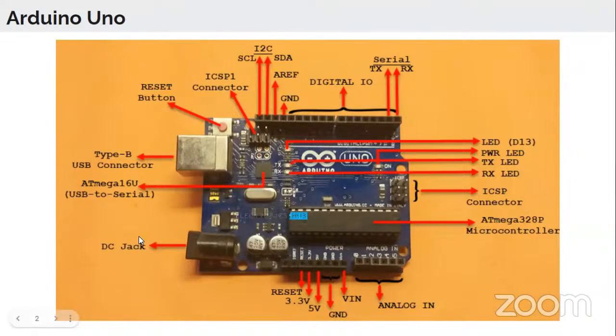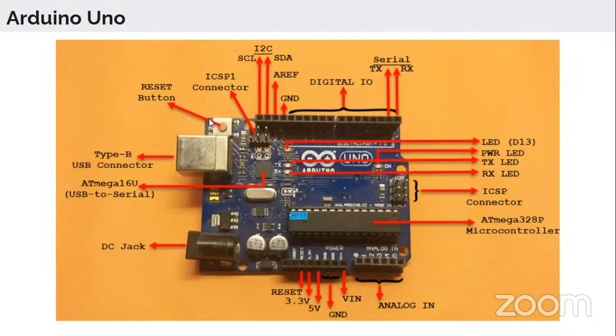Then we have a DC barrel jack connector, from which we can also power the board using a 9 volt supply.